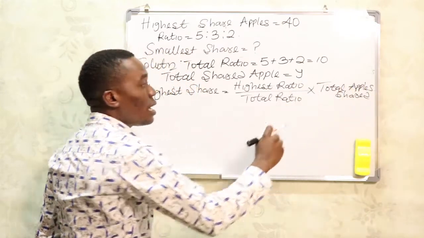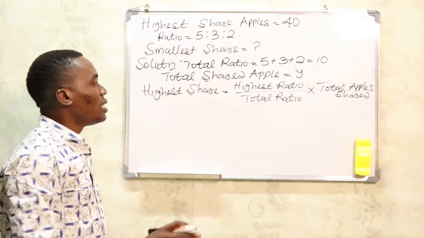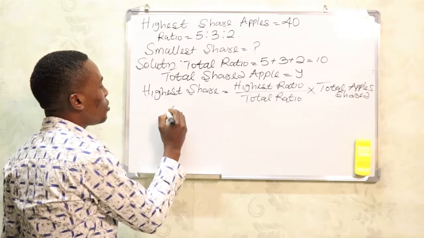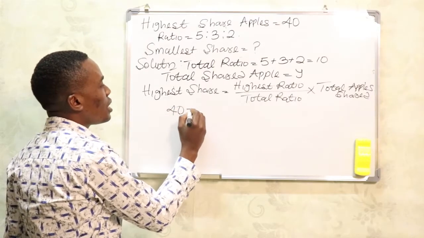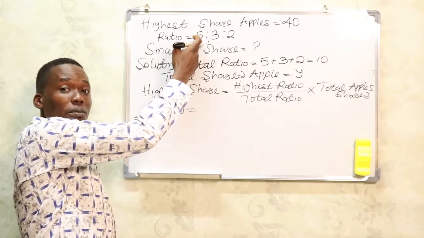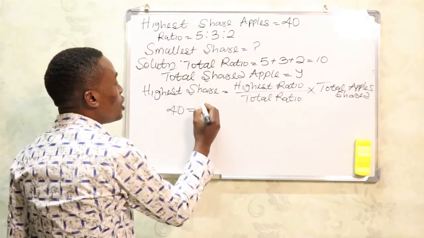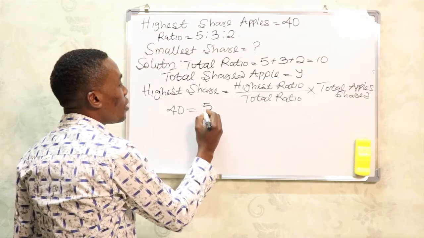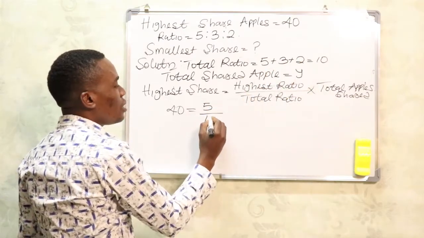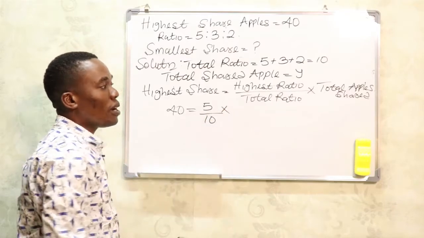Now, do you notice that it's becoming simplified? The highest share was given to us as 40. That will be equal to what? Now, the highest ratio is what? 5. Do you get it? Good. So, this will give you 5 divided by the total ratio, which is what? 10. Do you see? Gradually we've arrived at all our parameters.